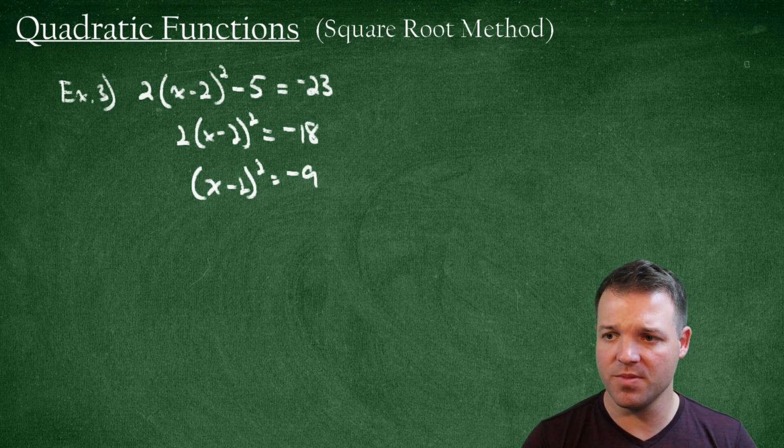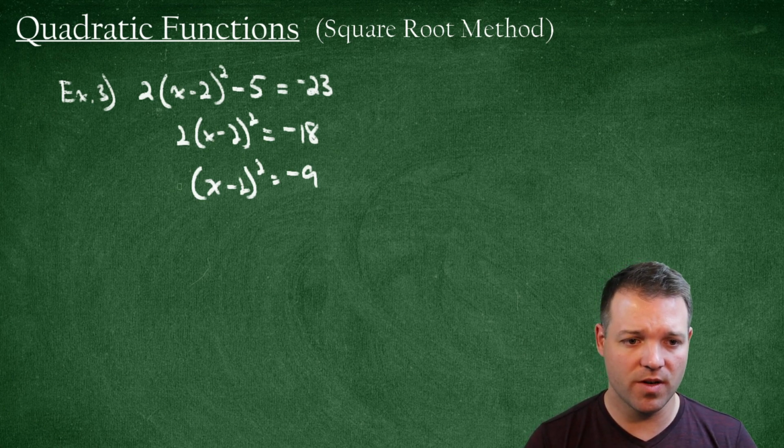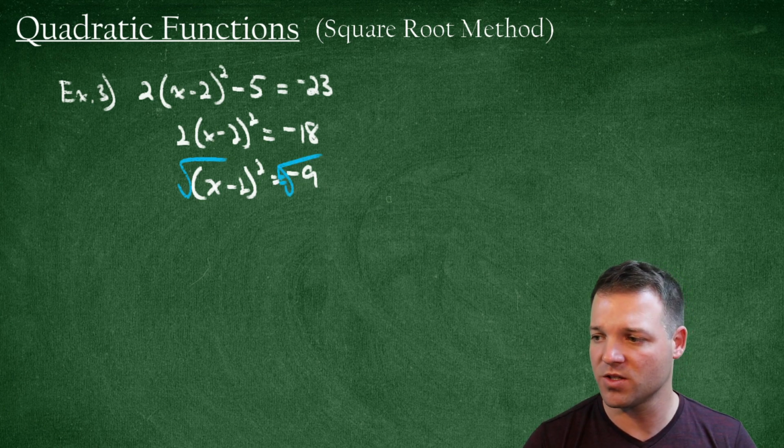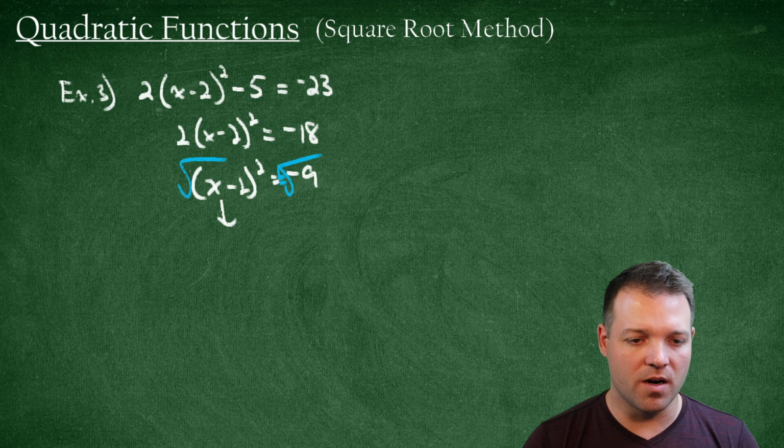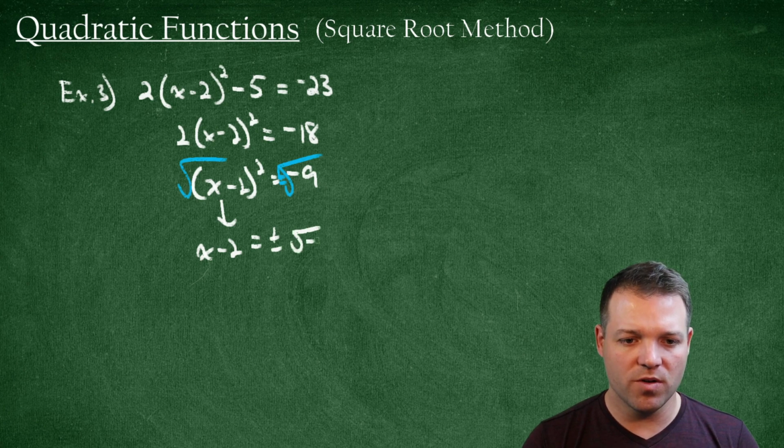Now the complicated piece is isolated. So we're going to take the square root of both sides, but be careful with that plus or minus out front. It's really hard for me to squeeze it in there. Sorry about that. But either way, our inside is going to pop out, giving us x minus 2 is equal to plus or minus the square root of negative 9.